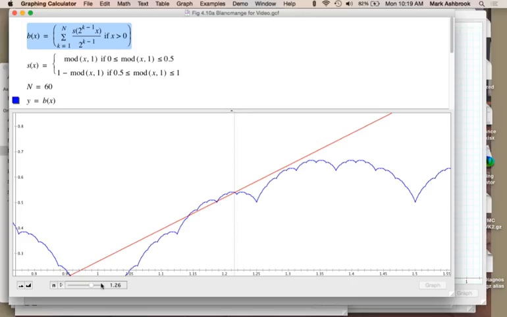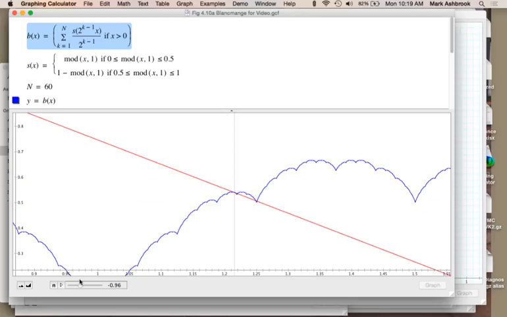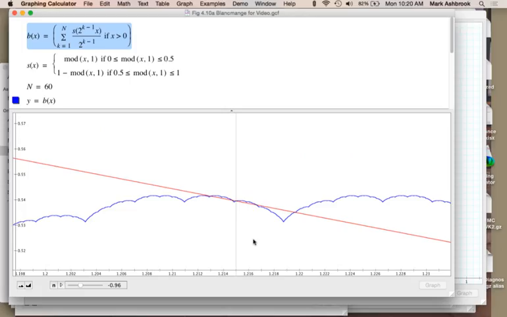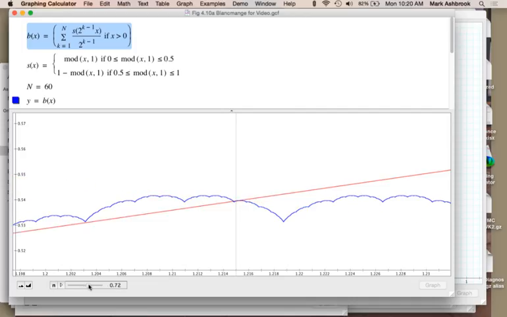I can change the red for this particular program I've created. It looks negative to me, right? So let's zoom in and make sure that that's true. Okay, so now it's more like zero, something like that. So is it positive or negative here? Positive?